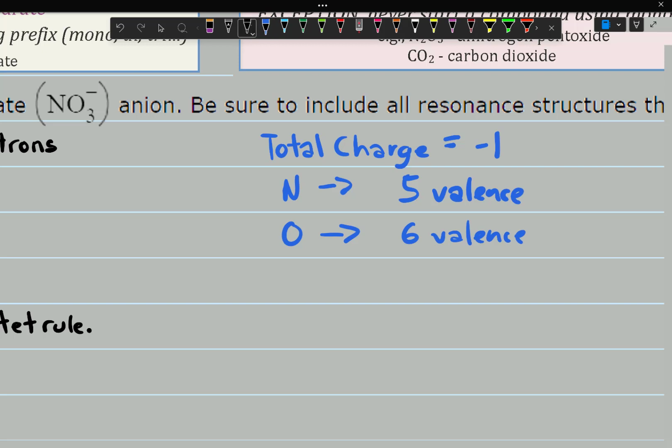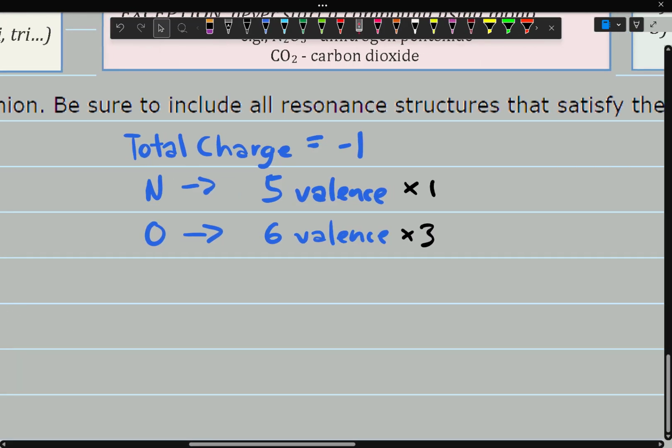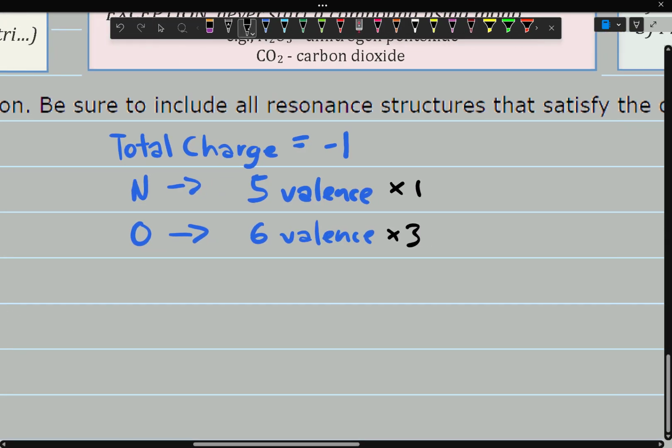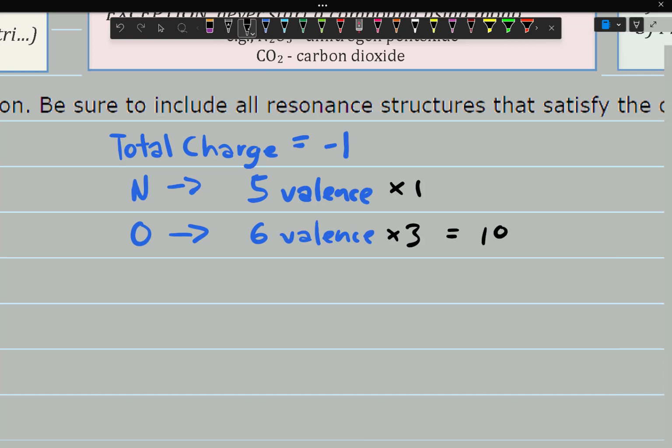And we have 3 of them, so we're going to multiply this by 3. And we only have 1 of the nitrogen, so we just multiply that by 1. So 6 multiplied by 3 gives us 18. 5 multiplied by 1 gives us 5. And then we also want to take into account this -1 charge.